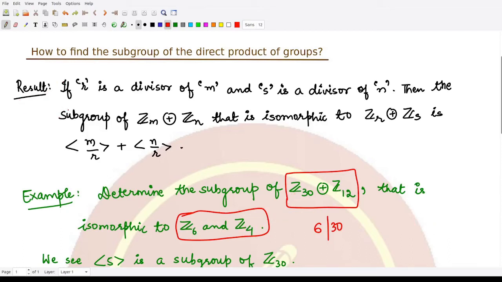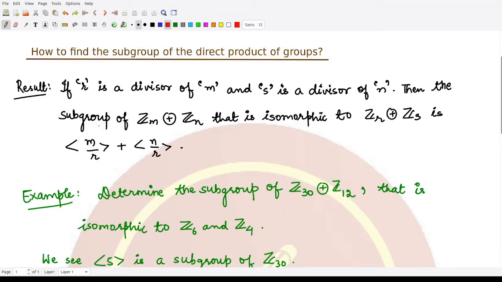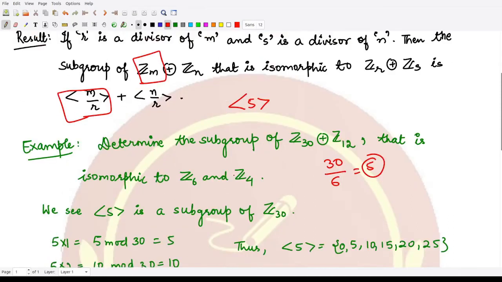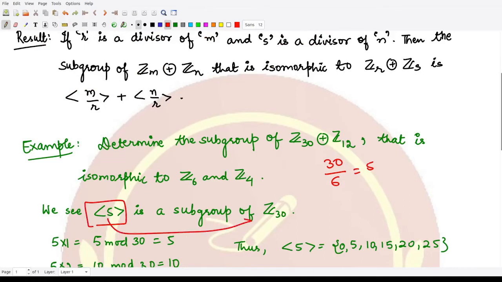So it satisfies the conditions of this result. Now according to this result, we would have a subgroup obtained by dividing 30 by 6, and 30 by 6 is 5. That means the first subgroup, of Z30, would be the group generated by 5. This group generated by 5 is a subgroup of Z30, because Z30 contains all the elements from 0 to 29.